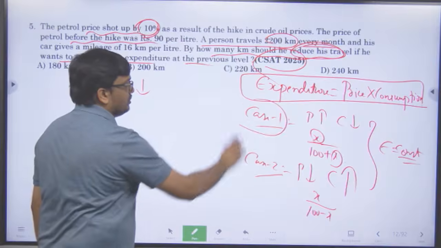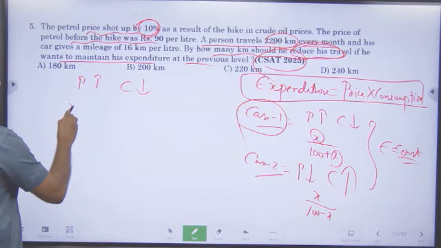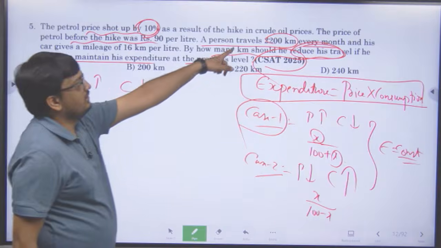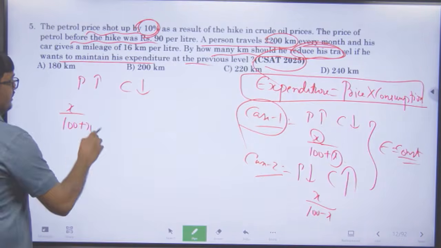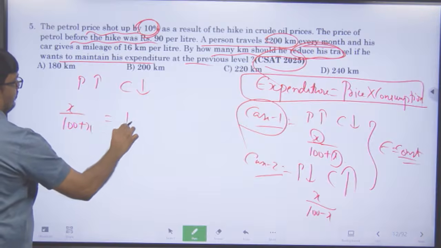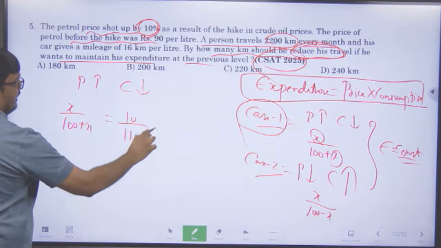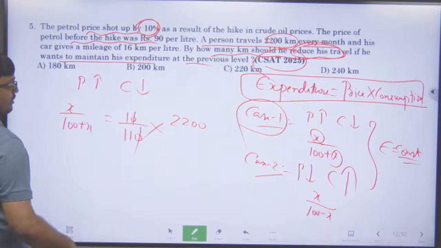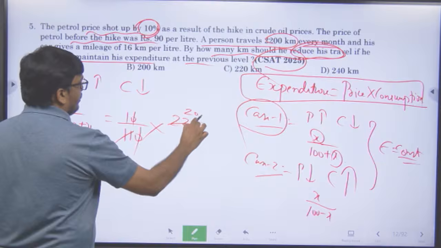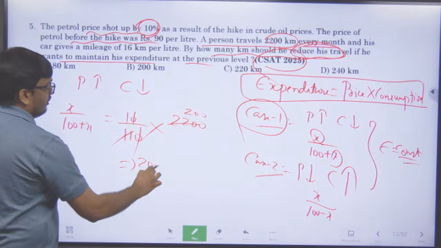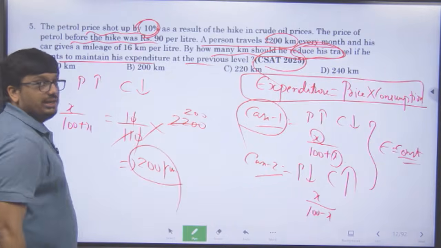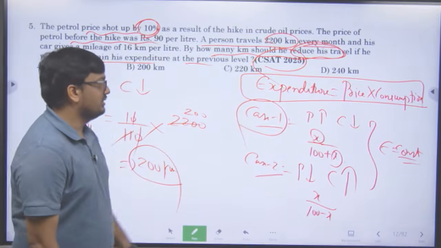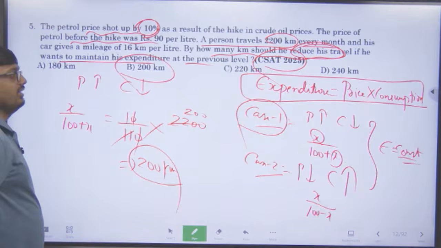So you should use case 1, x by 100 plus x of what was initial, this distance. X means what? 10. 10 by 100 plus 10, 110 of 2200. 10 and 10 cancel, 11 2s are 22 followed by 0, that means 200 kilometers he should reduce, then only expenditure remains constant. That is option B.